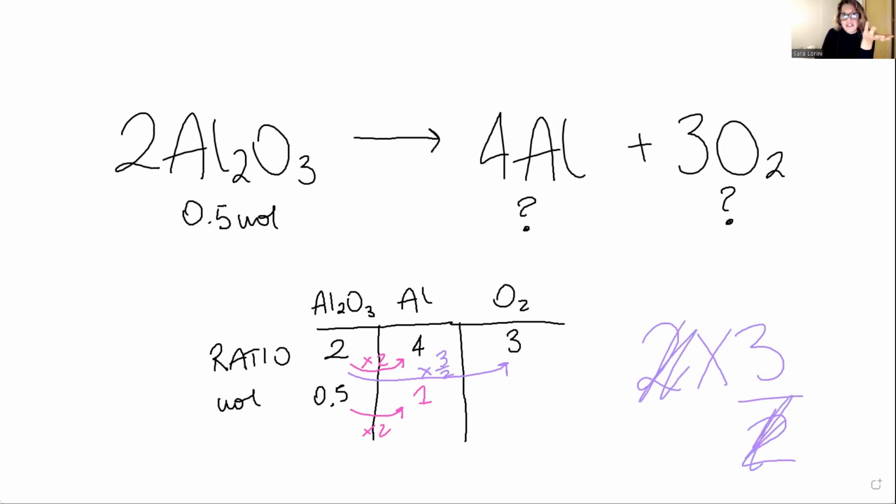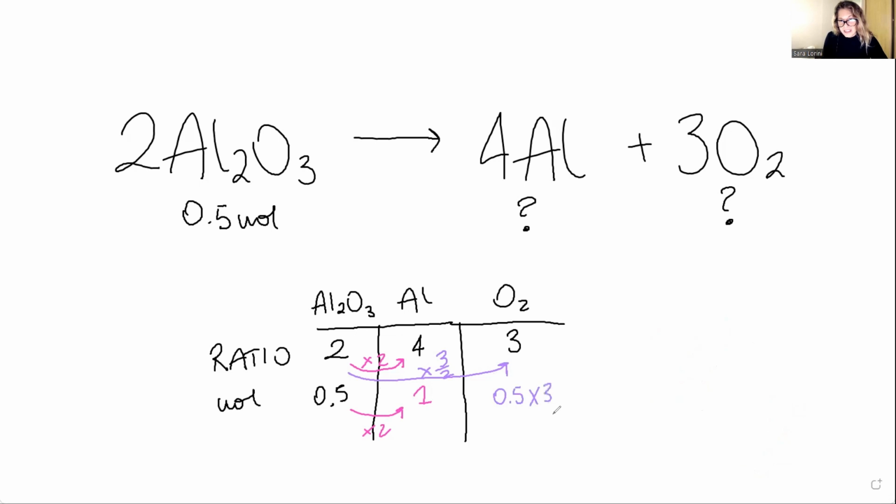Of course, we can also use a calculator, because from 2 to 3 we know it's times 1.5. But I think using the reverse fraction really helps with more complex ratios. So the same change will apply, which means that the moles of oxygen would be 0.5 times 3 divided by 2. That would be our moles.